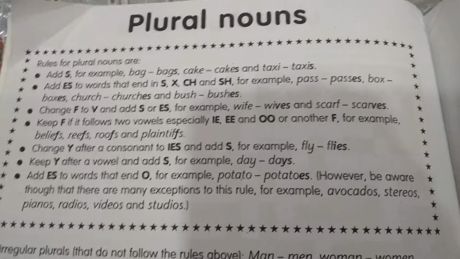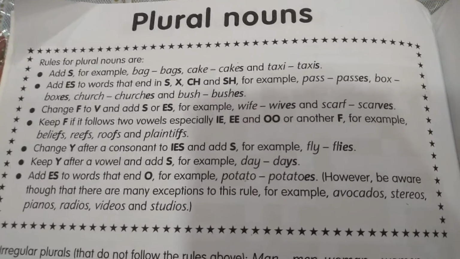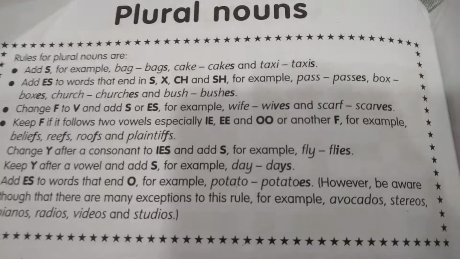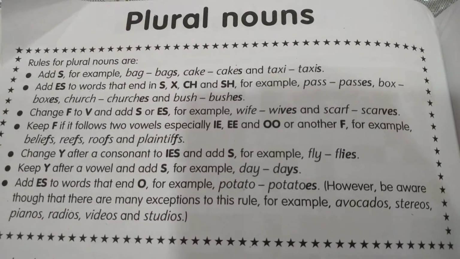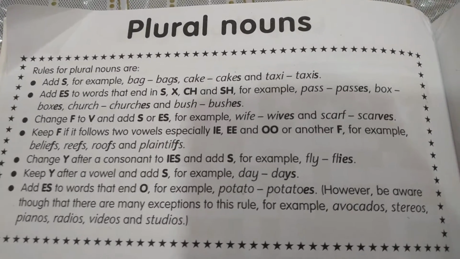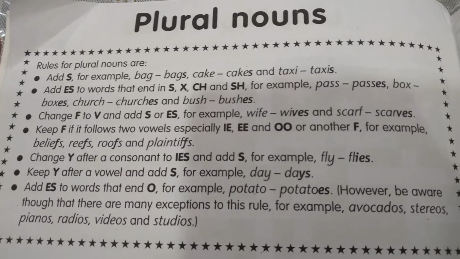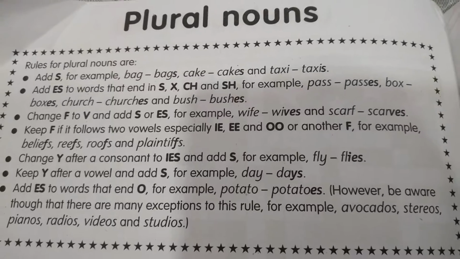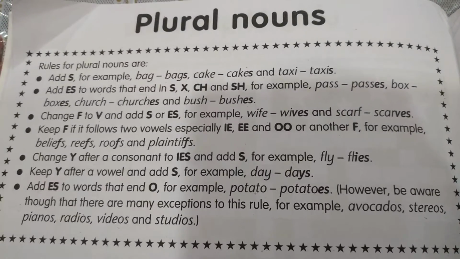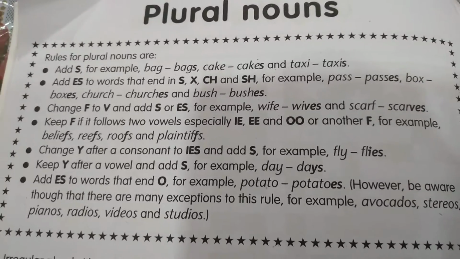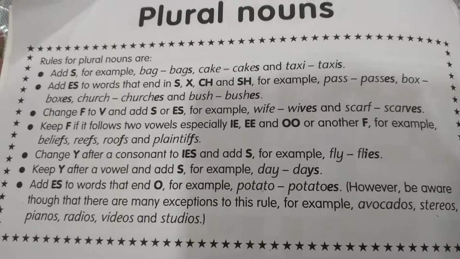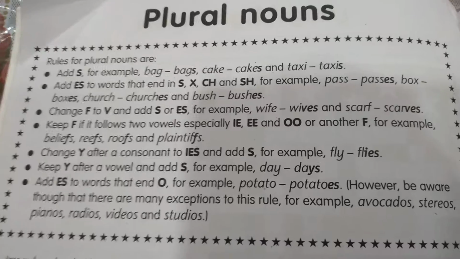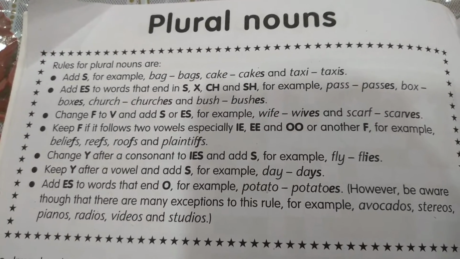But as there are certain activities in your book related to this topic, let us discuss. You must be acquainted with the words singular and plural, or one and many. And there are certain rules which we must be familiar with to make the plural, or the many, of the singular thing.